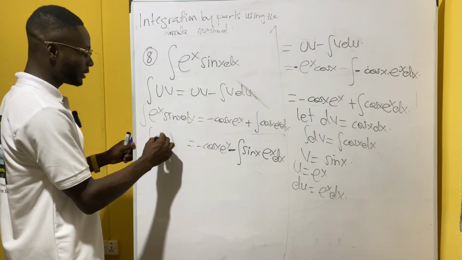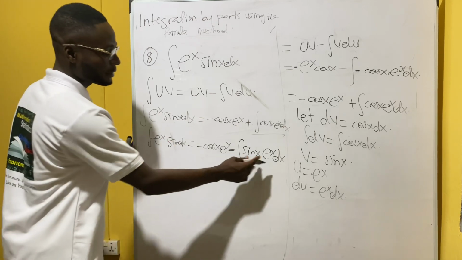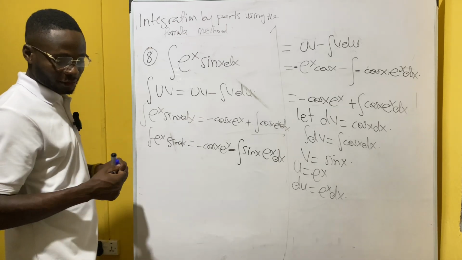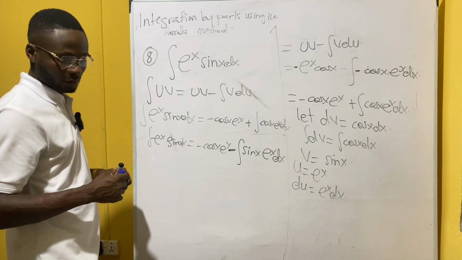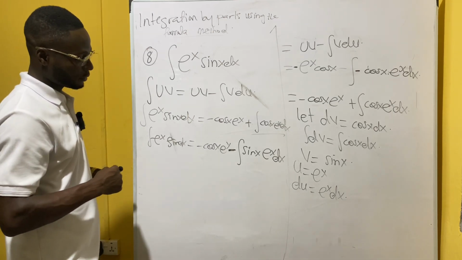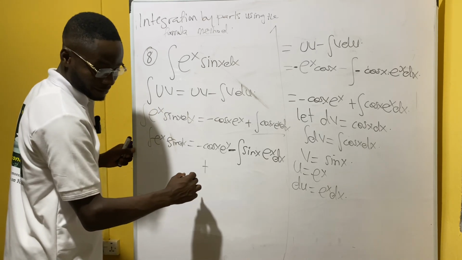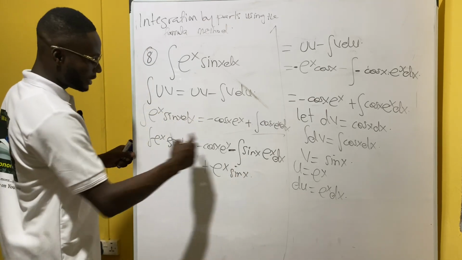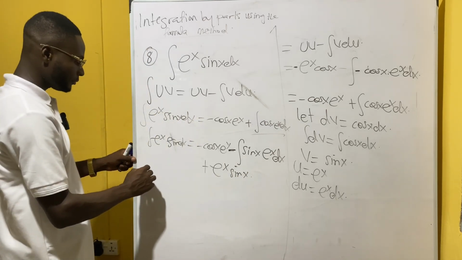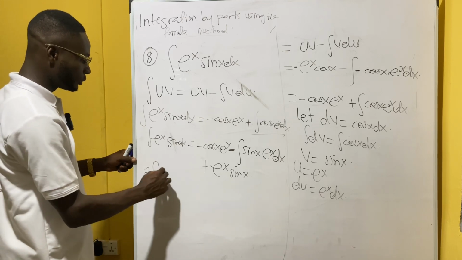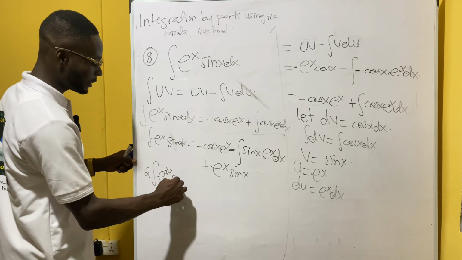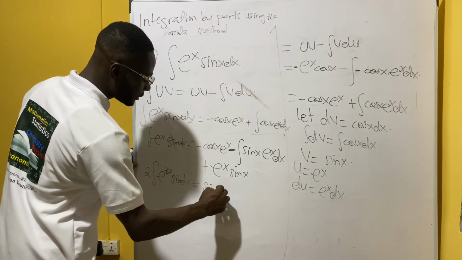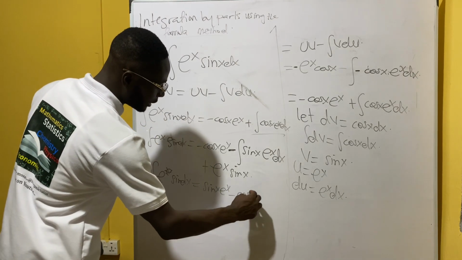So we have 2 times the integral of e power x sine x dx, and that should be equal to sine x e power x minus cos x e power x.